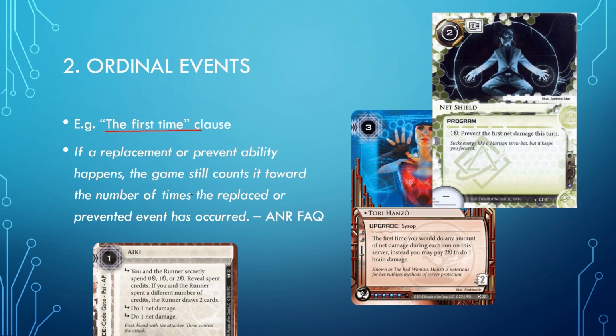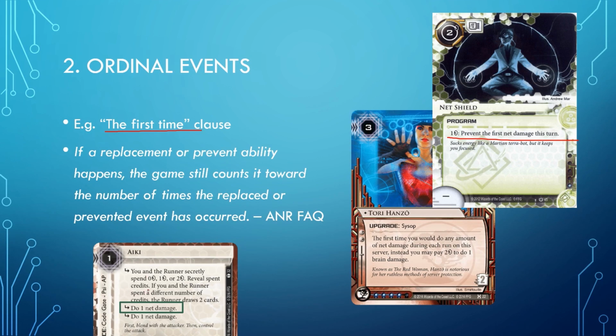To give you a concrete example, we have an Aiki that the runner is encountering, and the runner has a Net Shield. There is a Tori Hanzo on the server. On the first instance of net damage, Net Shield prevents the first net damage.